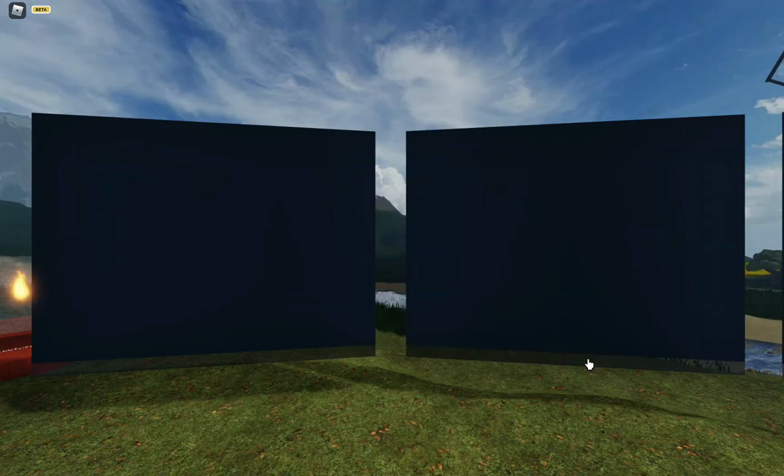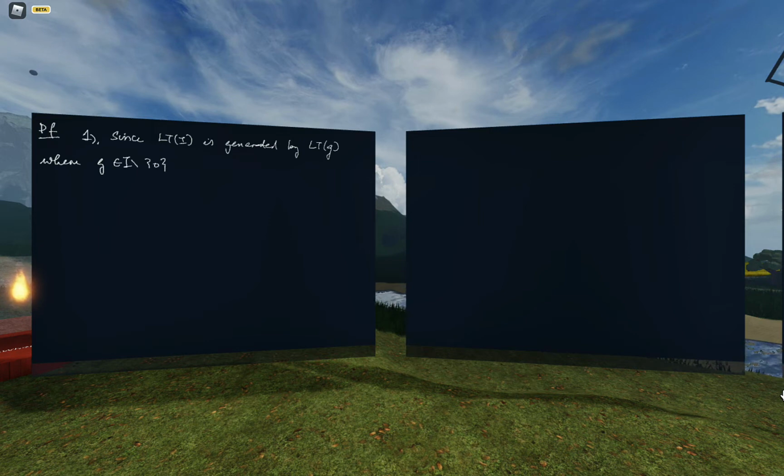Okay, so the proof of 1 is pretty simple, but I'll write it down because it's almost by definition. LT I is generated by these LT G, where G is in I, this is just the definition we wrote down earlier.